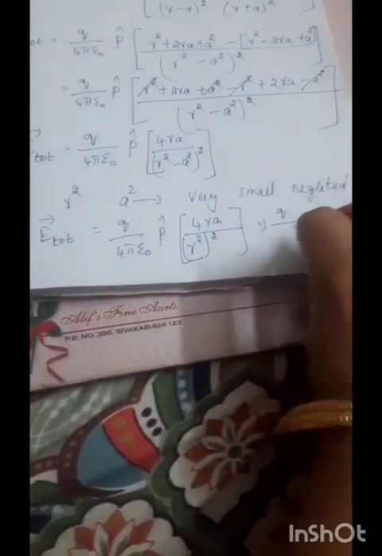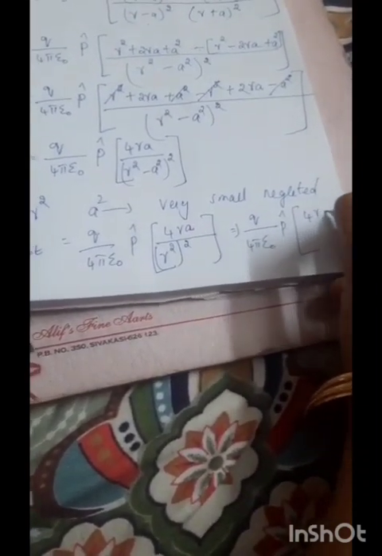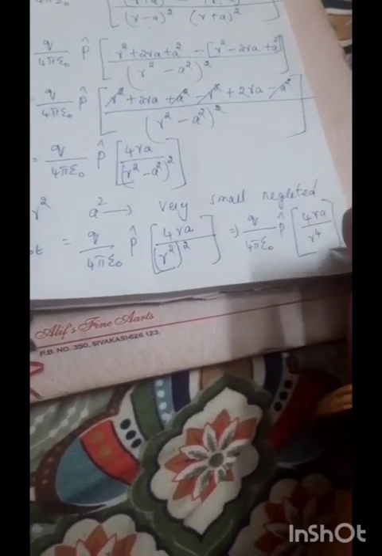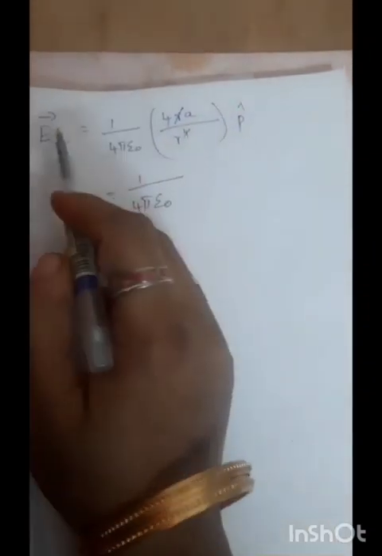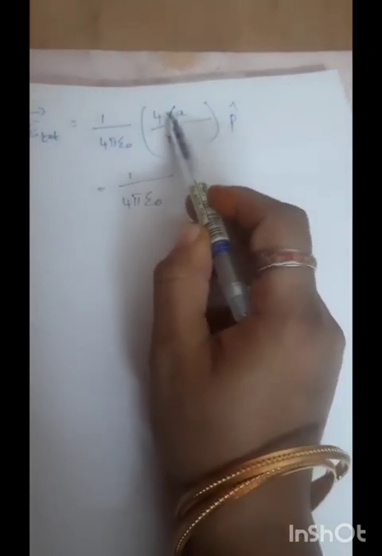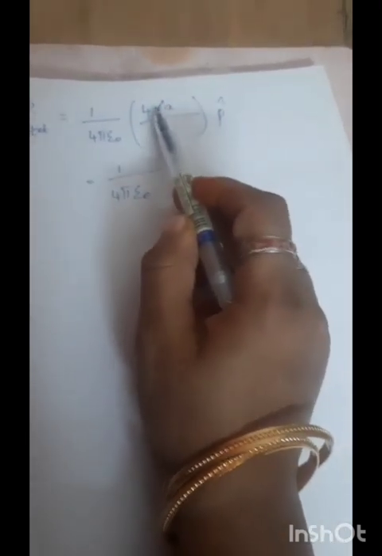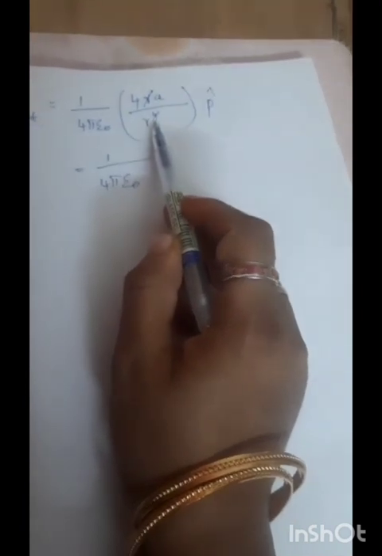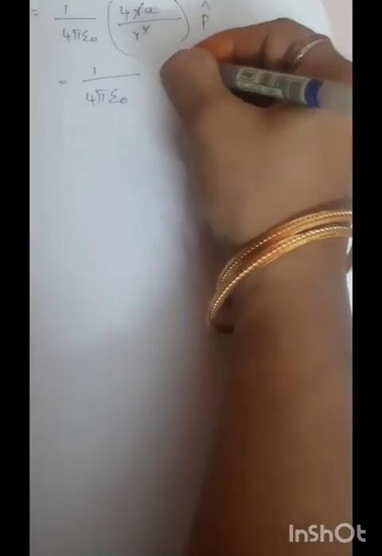So in turn we will have q by 4 pi epsilon naught p cap into 4ra divided by r power 4. Is that clear, children? So here 1 r from the numerator and 1 r from the denominator get cancelled. So balance we will have 1 by 4 pi epsilon naught into 4a divided by r cube into p cap.